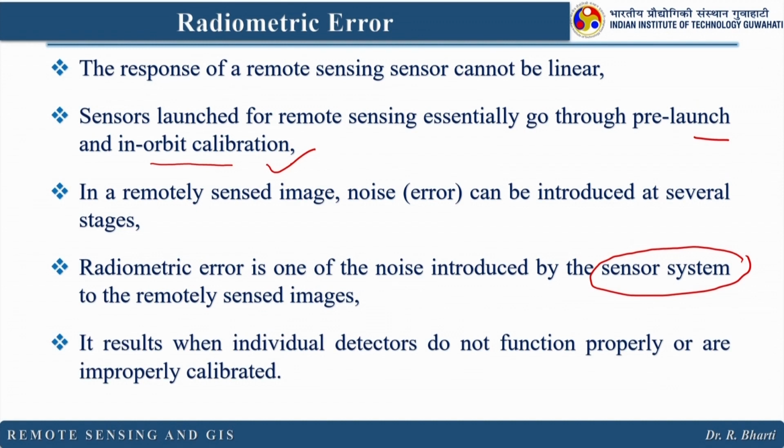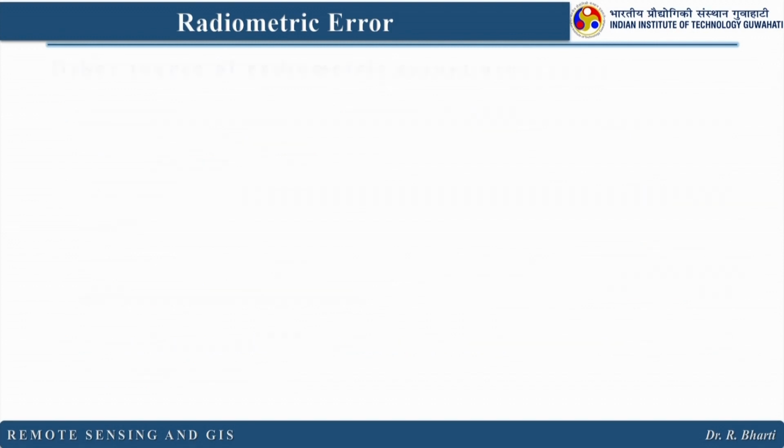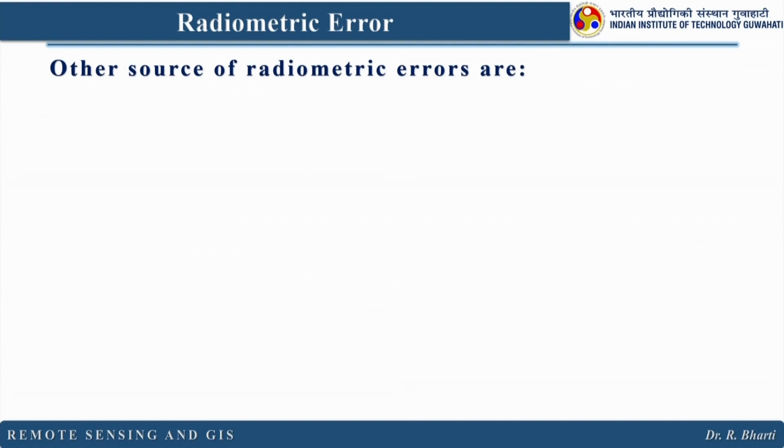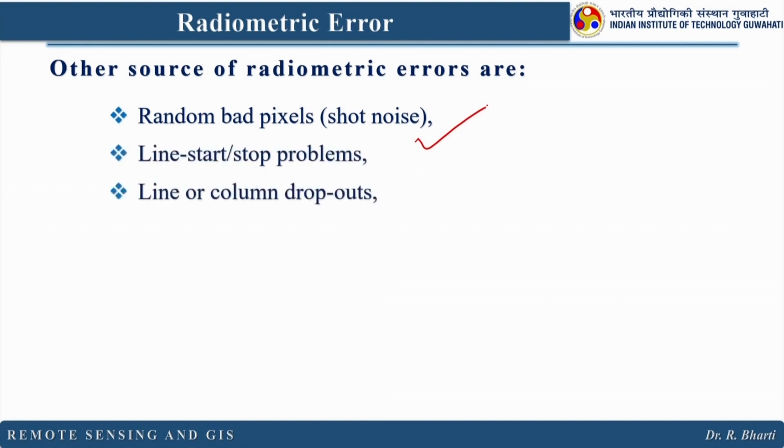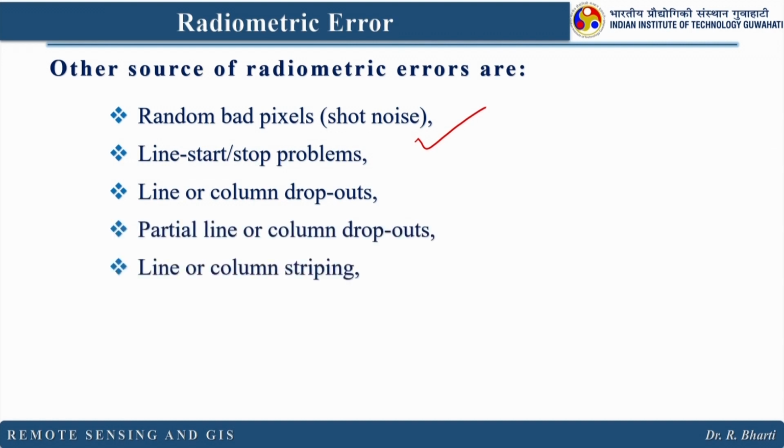It results when individual detectors do not function properly or are improperly calibrated, right? So we will see in detail how it can be. And there are different sources of radiometric errors, like the first one is random bad pixel, another is line start or stop problem, line or column dropouts, partial line or column dropouts, line or column striping, smile and artifacts, adjacency effect.